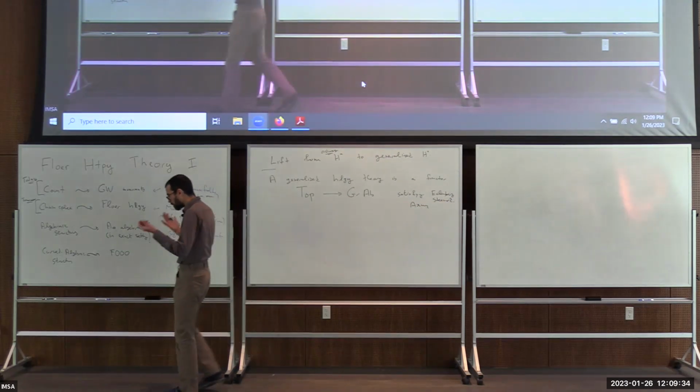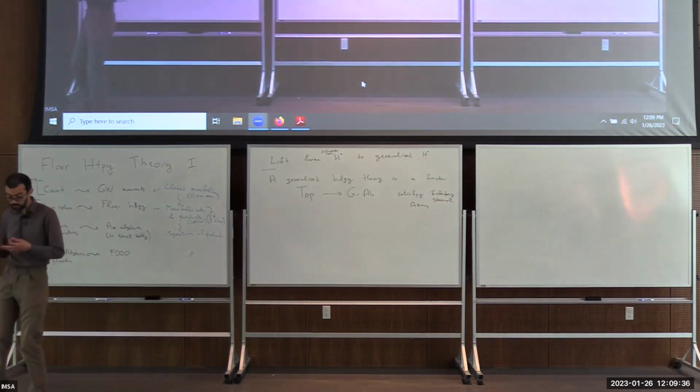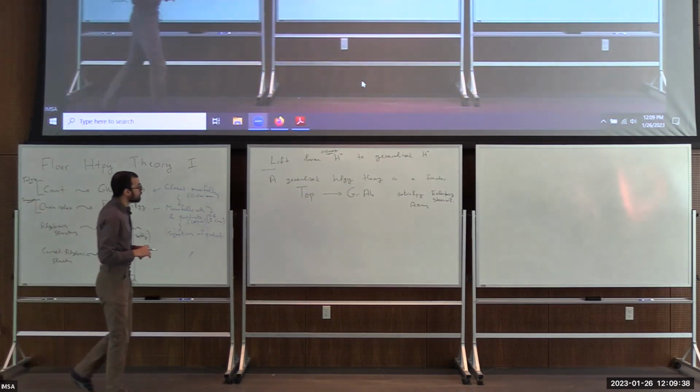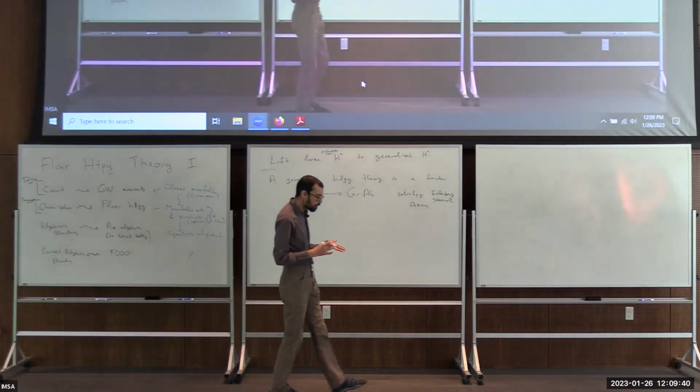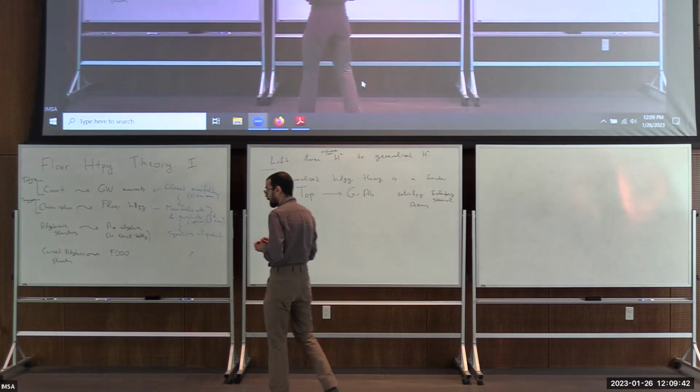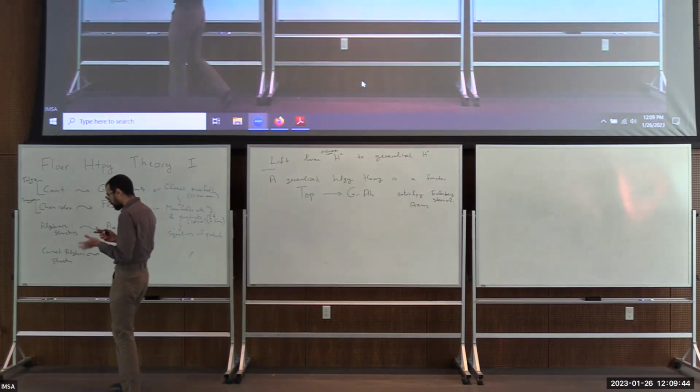So basically you take a topological space and you have some group associated to it. The most fundamental case that we care about is the case of a point.